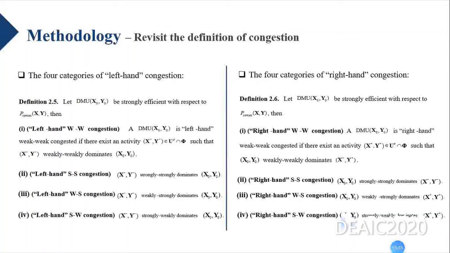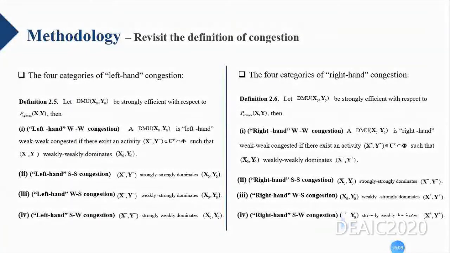For example, the left-hand weak and weak congestion can be defined as if and only if in a given state there exists a reference unit that weak and weakly dominates the target DMU. Then, the left-hand strong and strong congestion, weak and strong congestion, and strong and weak congestion are defined similarly.